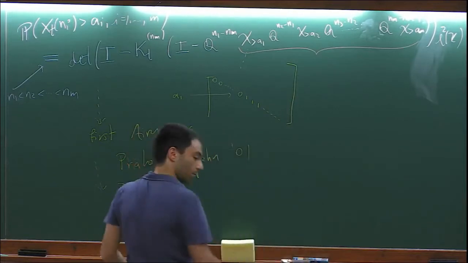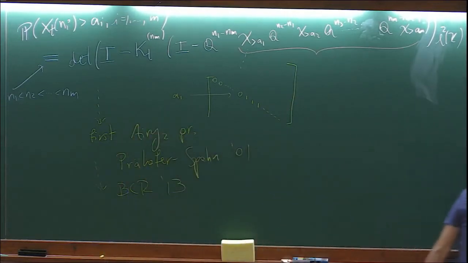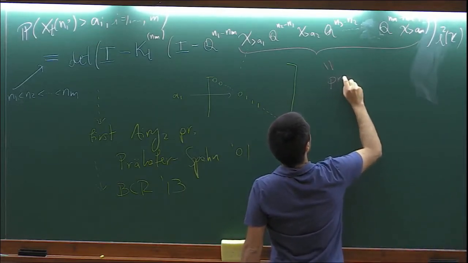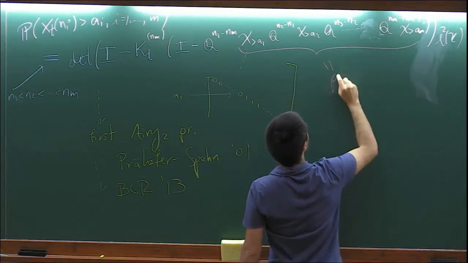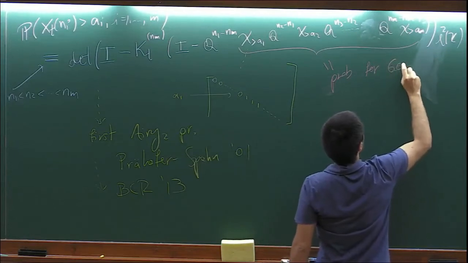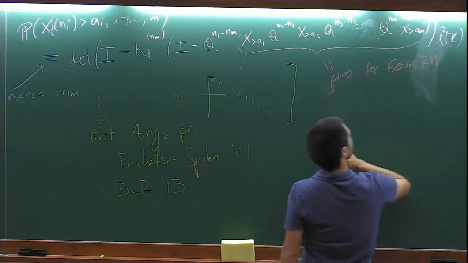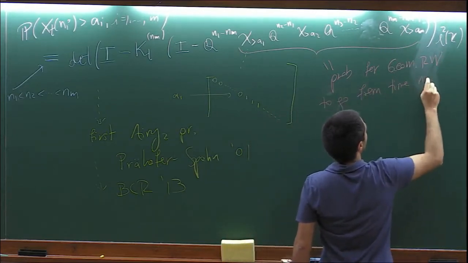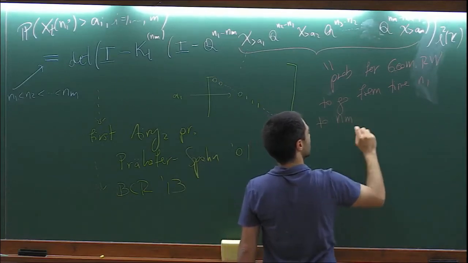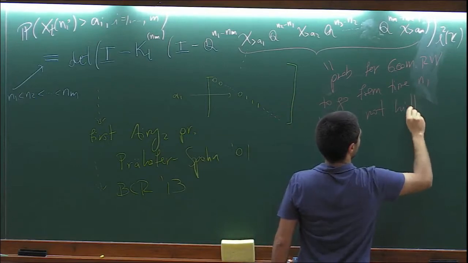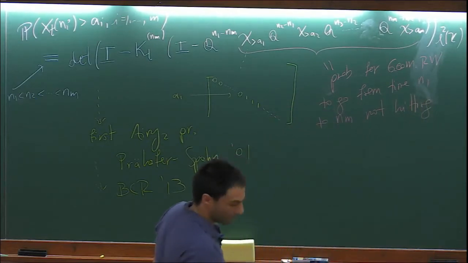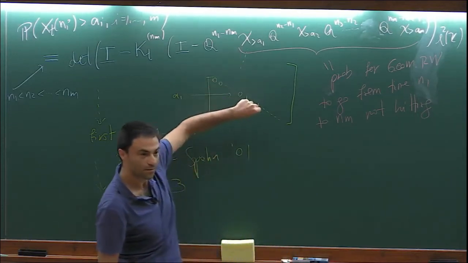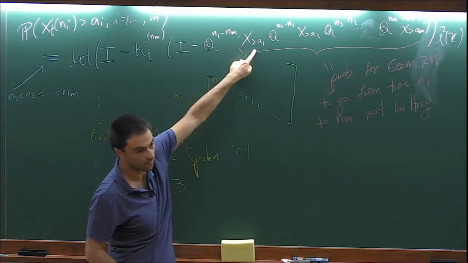So this red thing equals the transition probability for the geometric random walk to go from time n1 to nm, not hitting the hypograph, because I have to stay above.